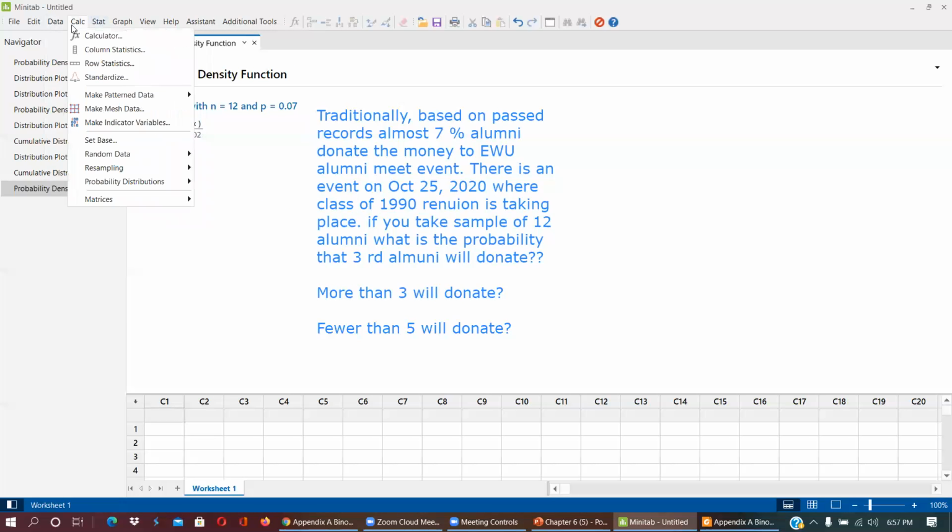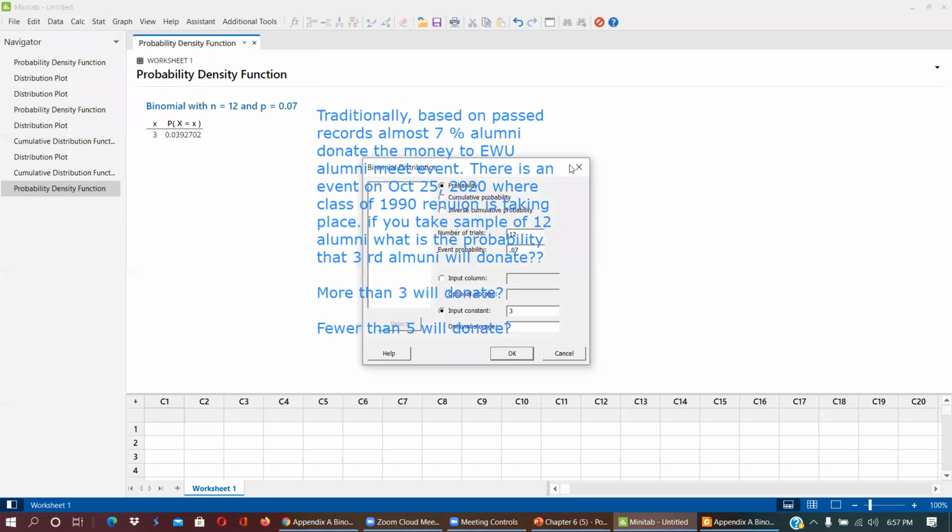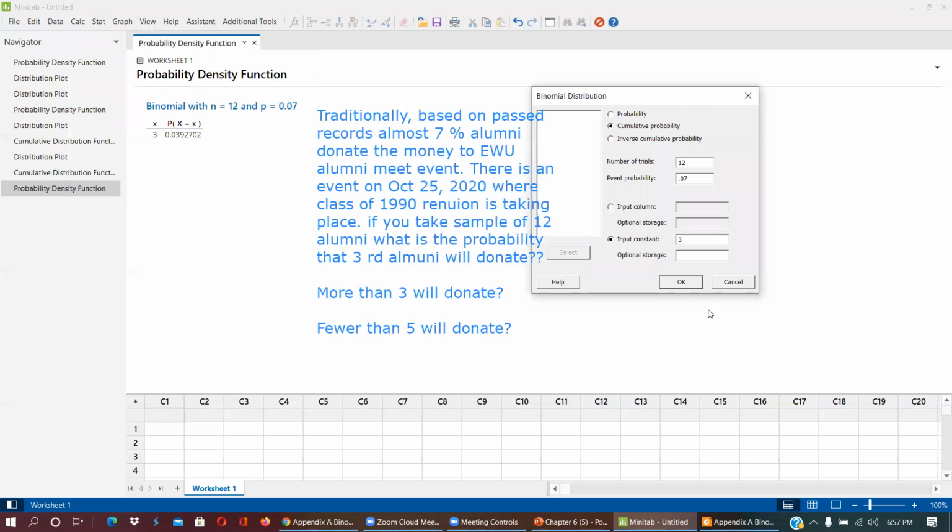So let me go to the probability distribution, binomial. If you can see my screen, I'm just changing probability to cumulative. Now I'm going to do up to 3, and then we subtract from 1 to get the answer.